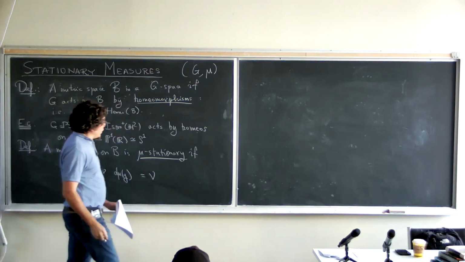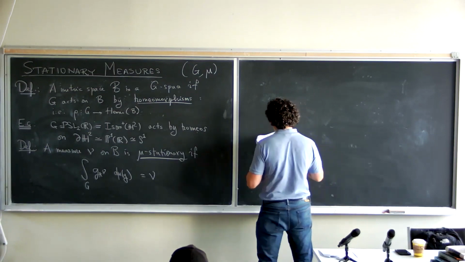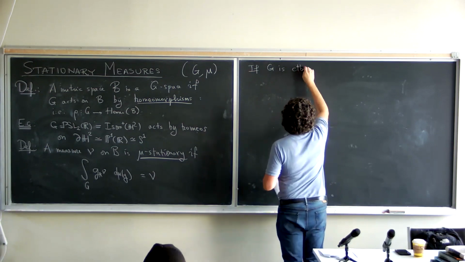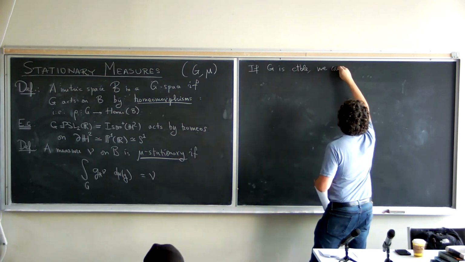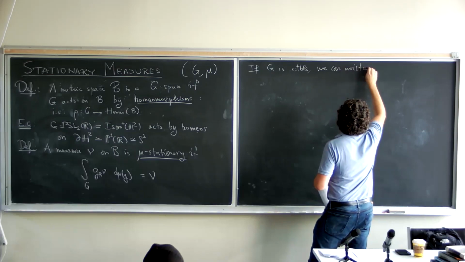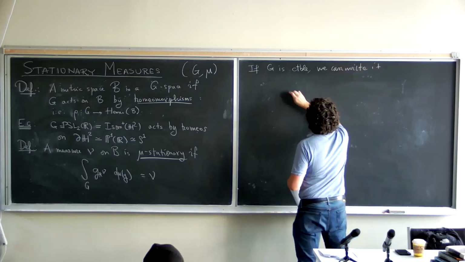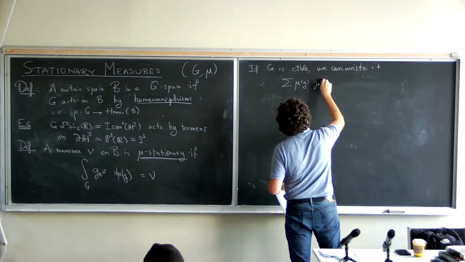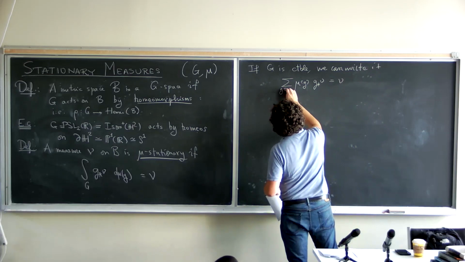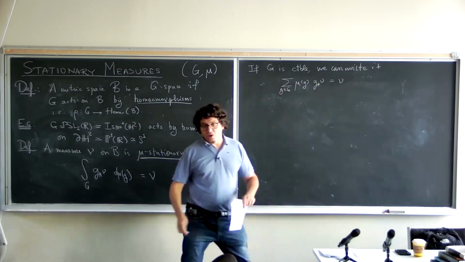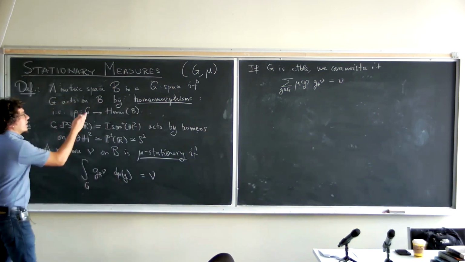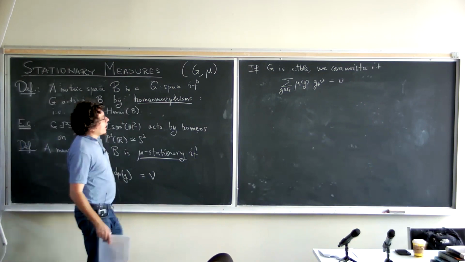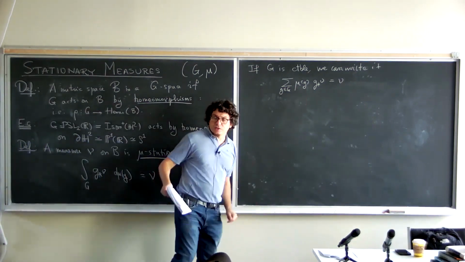And okay, if G is countable, we can write it as the sum of mu of g times g star nu equals nu, just because the integral becomes a sum, because the measure has countably many weights.